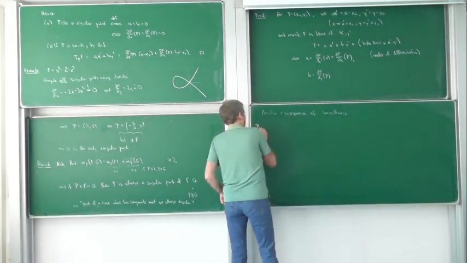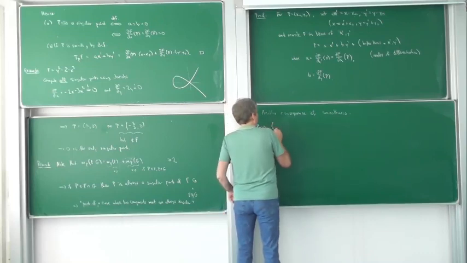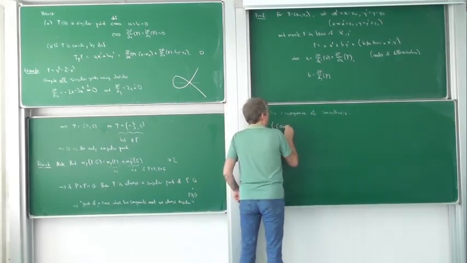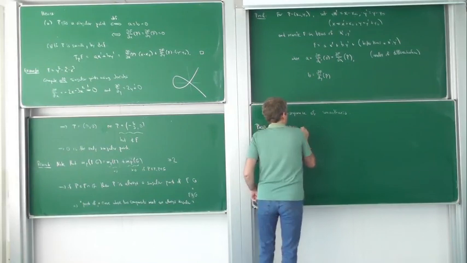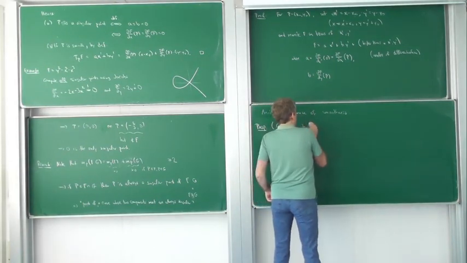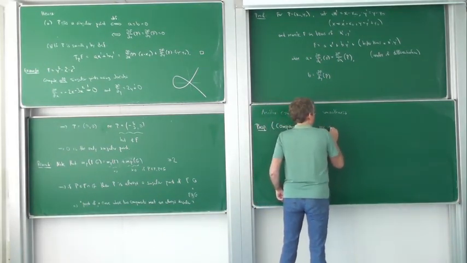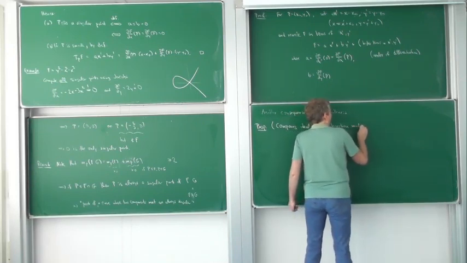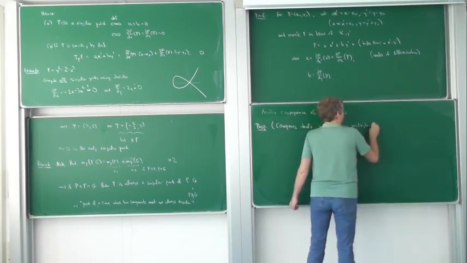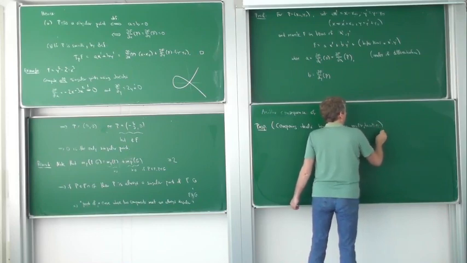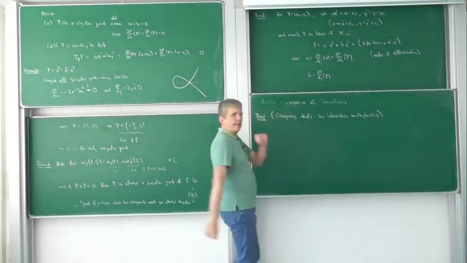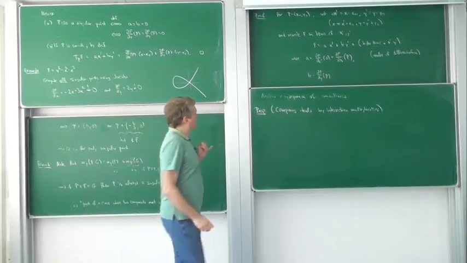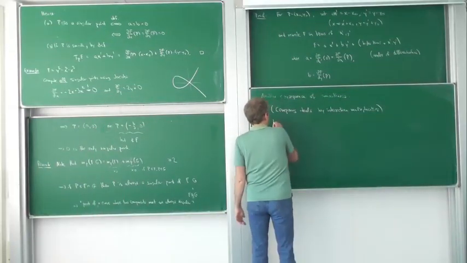That's the following proposition, called comparing ideals by intersection multiplicity. And that works as follows. So let's say we have, first of all, one curve which is smooth at a point.